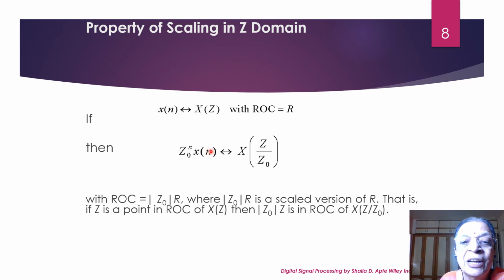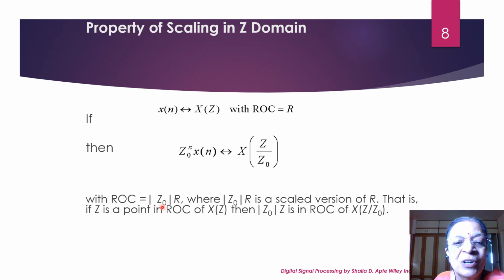This is a multiplication in the time domain, but what happens in the transform domain? It gets scaled. So it will transform to X of z divided by z0. So if I want to calculate the Z transform of a raised to n u(n), it will transform to U of z divided by a.